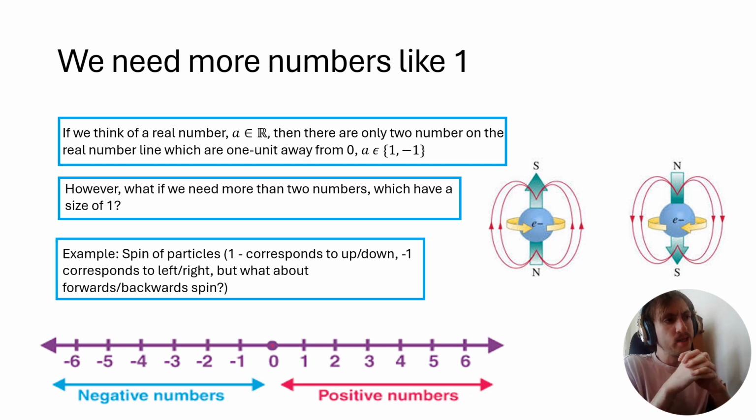And an example of where we need more than 2 numbers is if we're considering spin. Now, spin is fundamentally a quantum mechanical relativistic effect. Even if you go to quantum mechanics and you ignore relativity, you're still forced to have this mysterious property of particles called spin that isn't really explained.